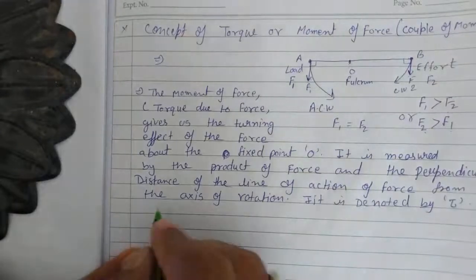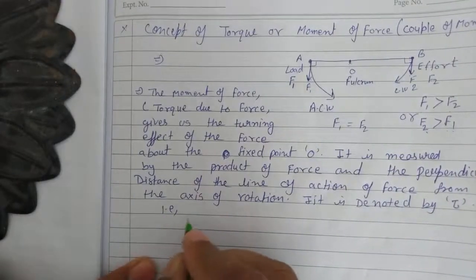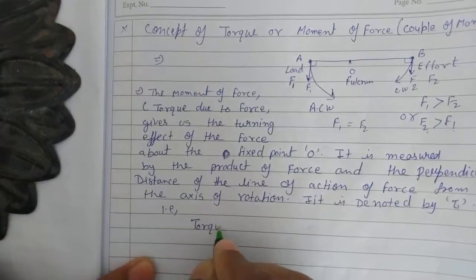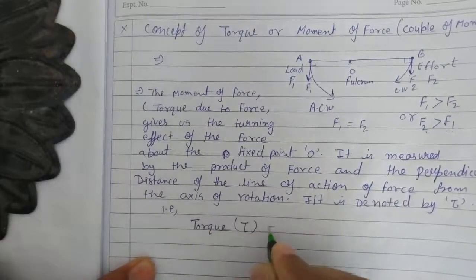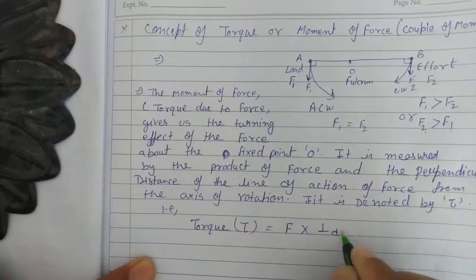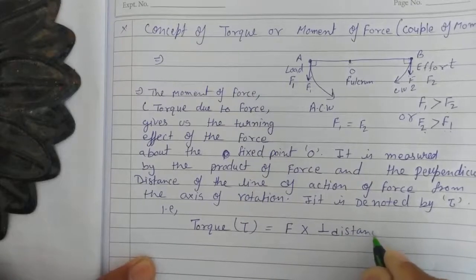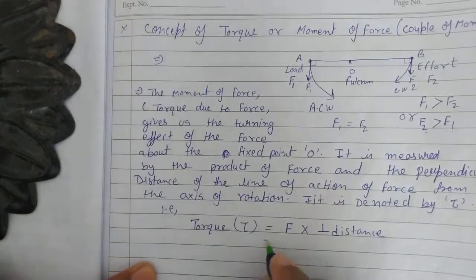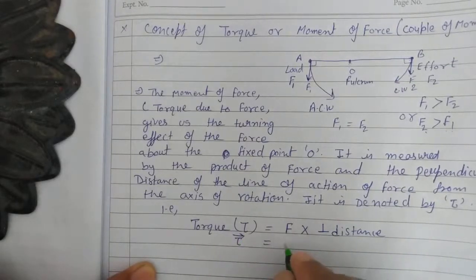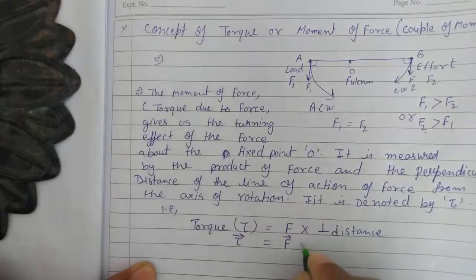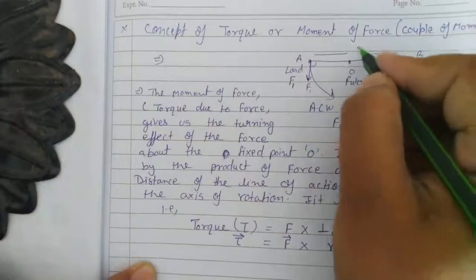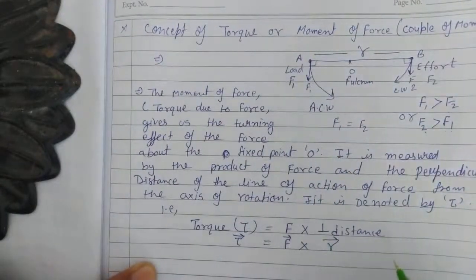The calculation of torque is: torque tau is equal to magnitude of force into perpendicular distance of rotation, which is equal to torque tau equals F cross R, where R is a vector.